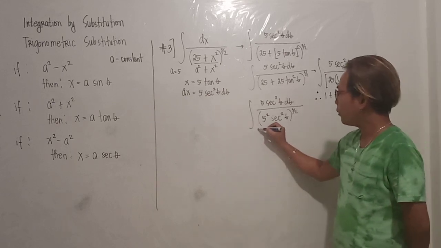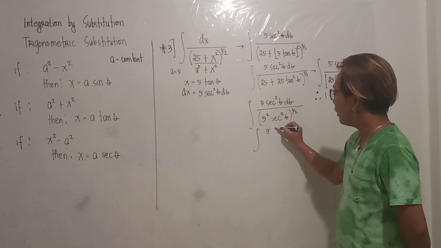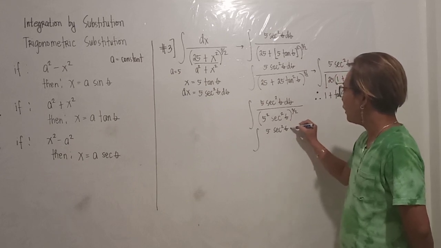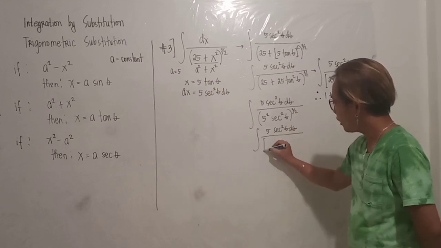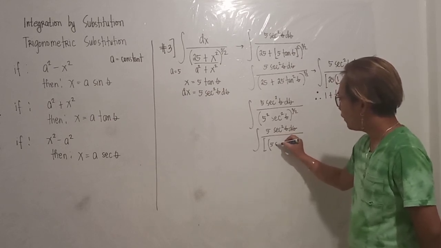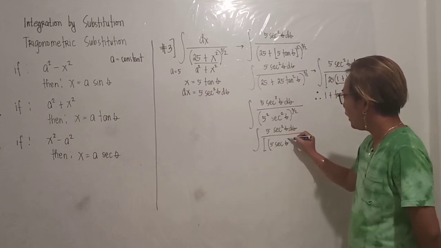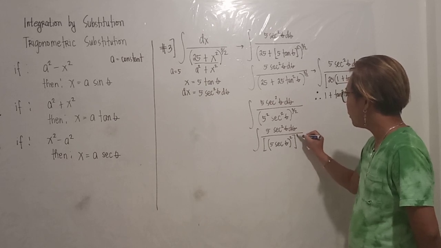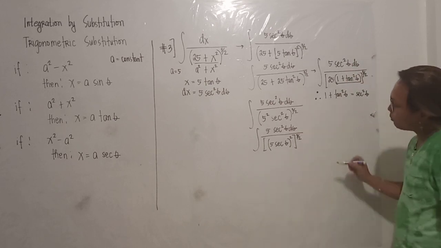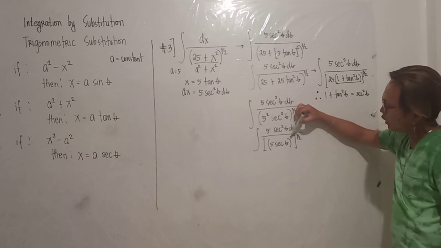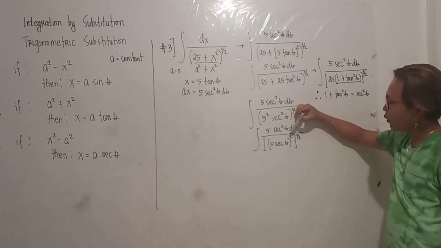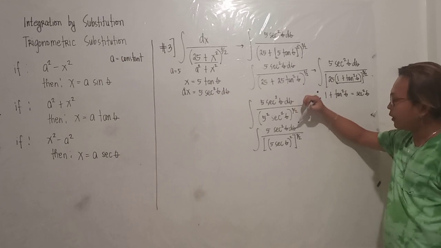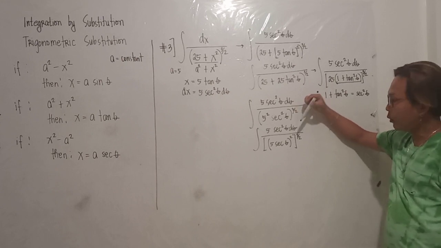So pwede natin gawin is 5 secant squared theta d theta all over 5 secant theta squared raised to 3 halves. So pag in-evaluate mo to, exponent raised to another exponent, pwede nyo i-multiply. So 2 multiplied by 3 halves is simply cube.